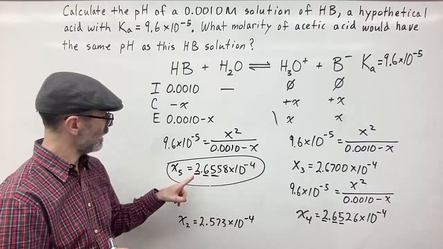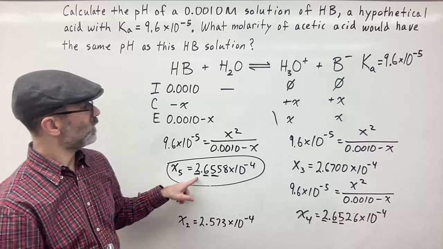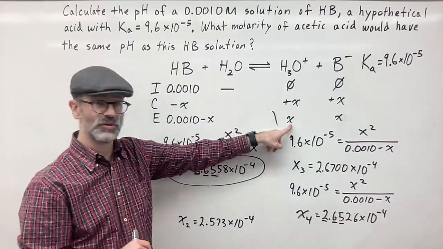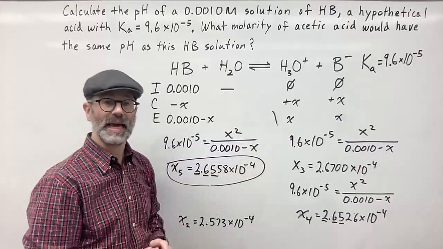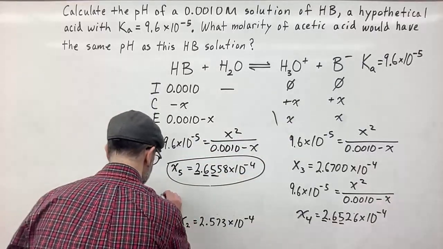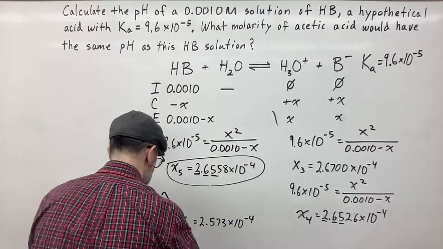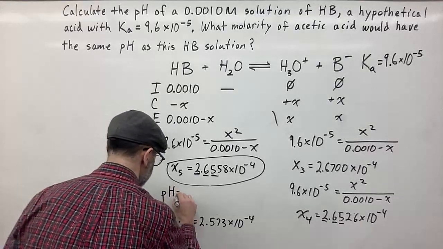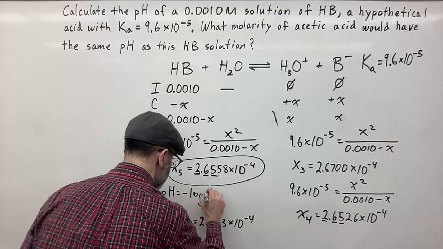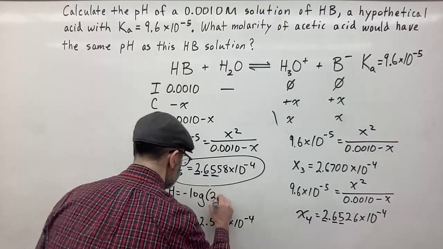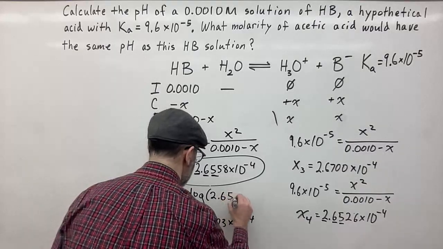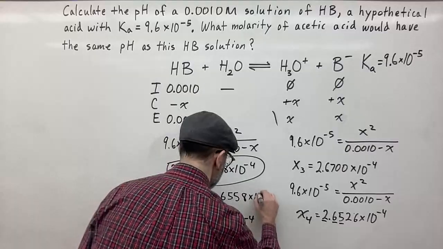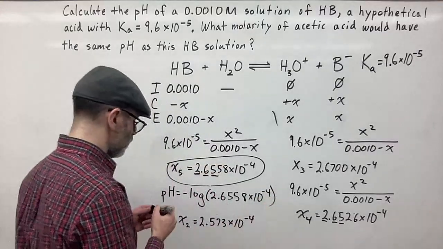And so now I can take that x value and use that as the concentration of H3O plus, since that is related to x. So to get the pH, all I do is take the negative log. So pH is equal to the negative log of 2.6558 times 10 to the negative 4.